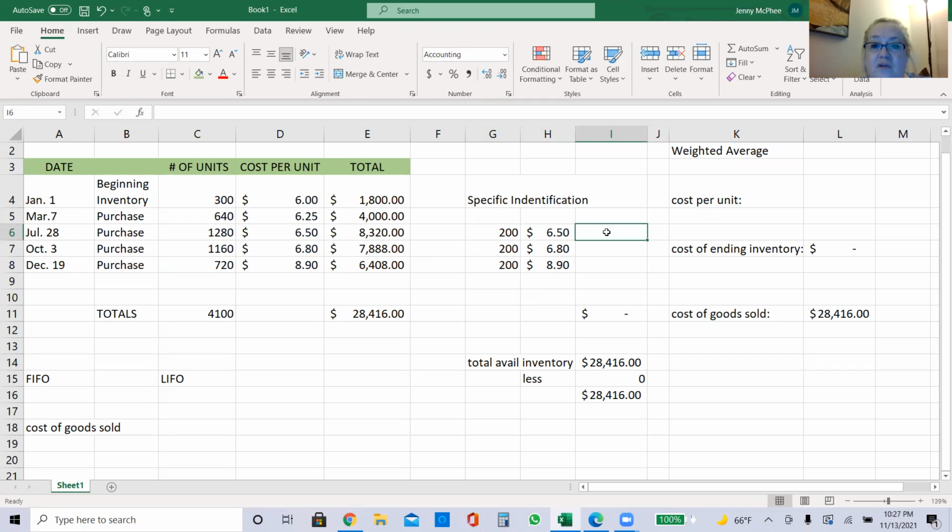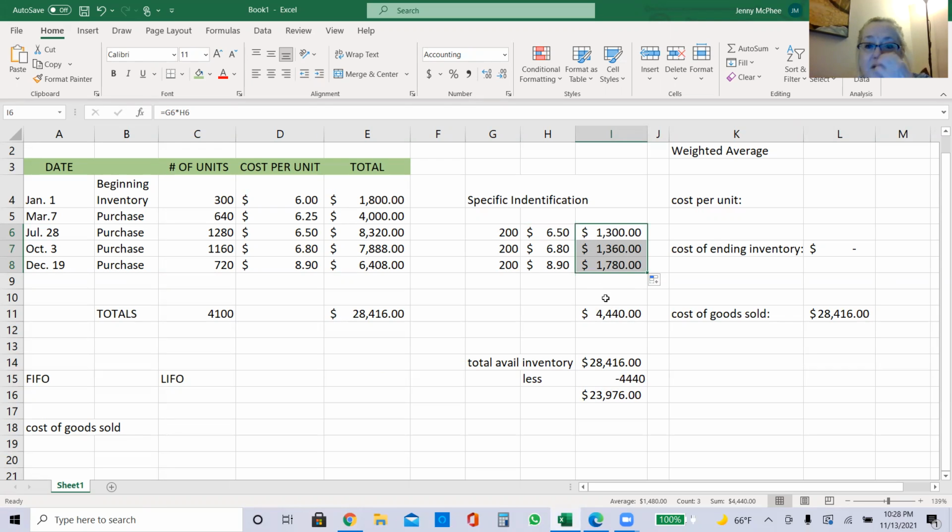So we just get those totals really easy. So equals 200 times 650. And this one equals, well, actually, I can really drag it down, can't I? There you go. And I already put the total here.